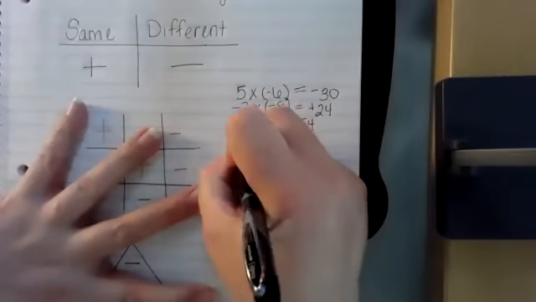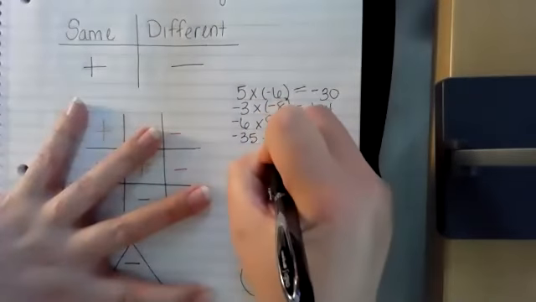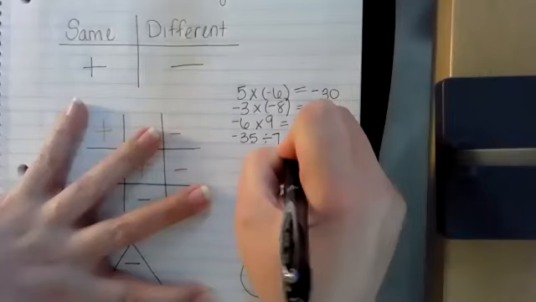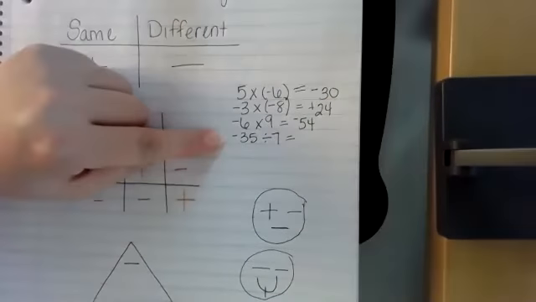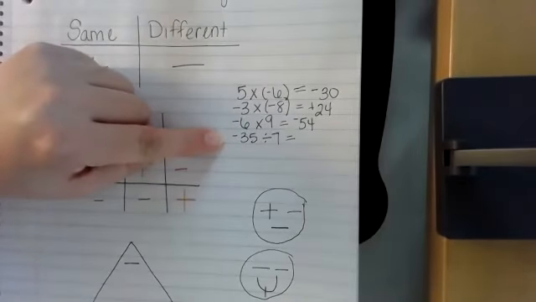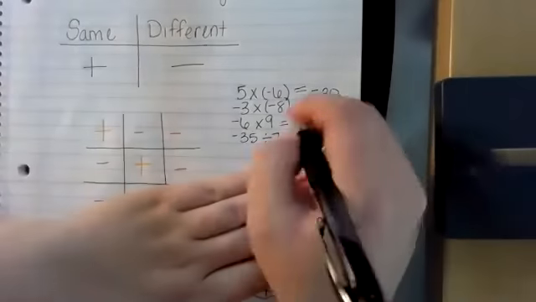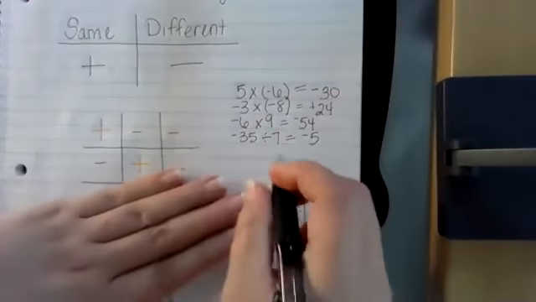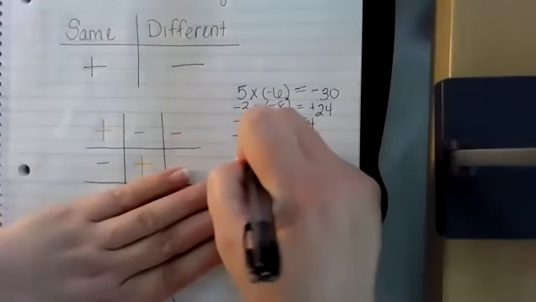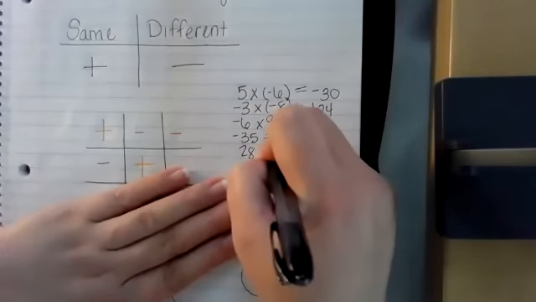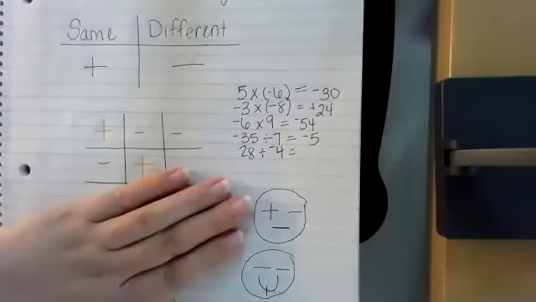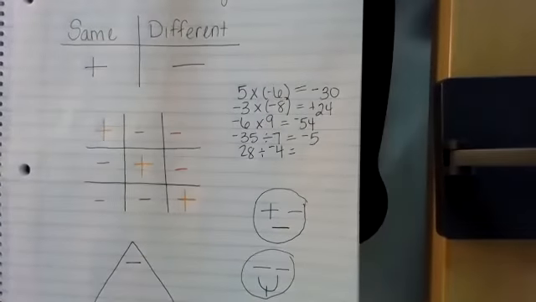All right, someone from my classroom. Oh, Kaden. -5. Good. Let me grab someone from home. The next one is 28 divided by -4.